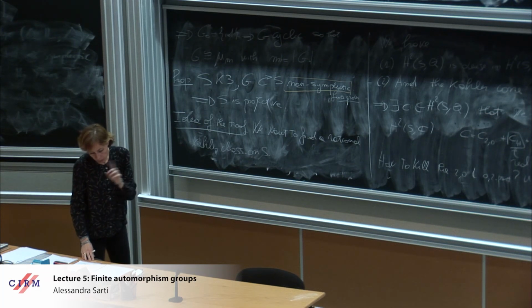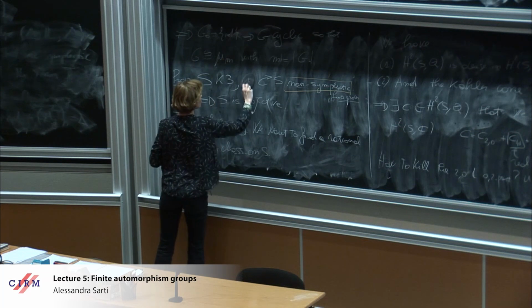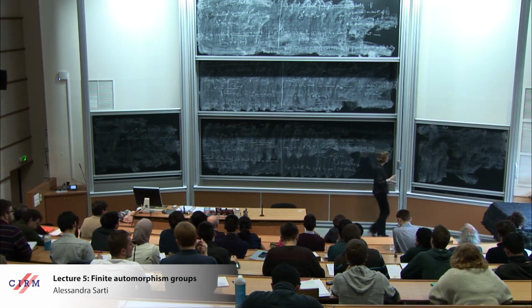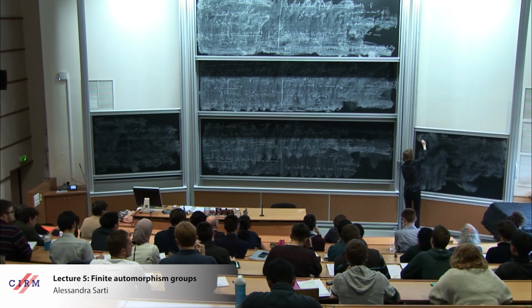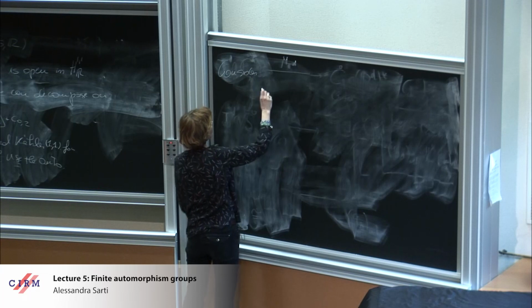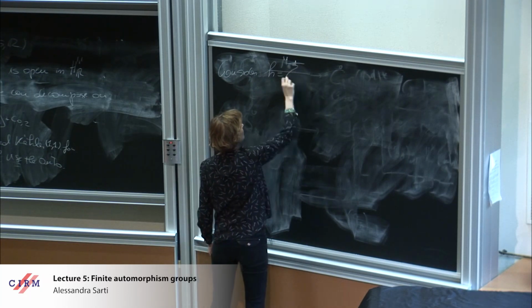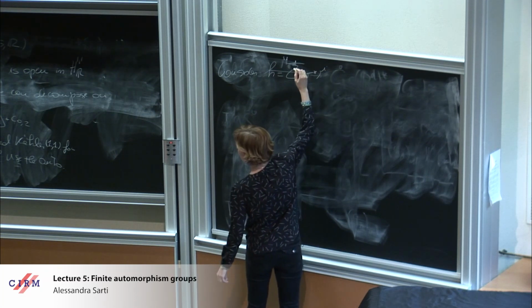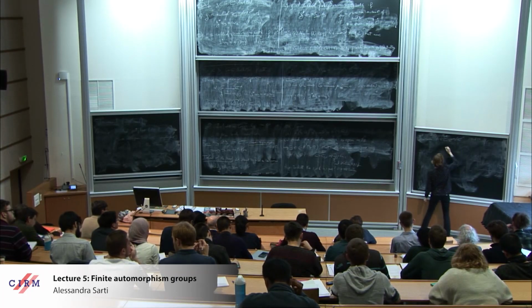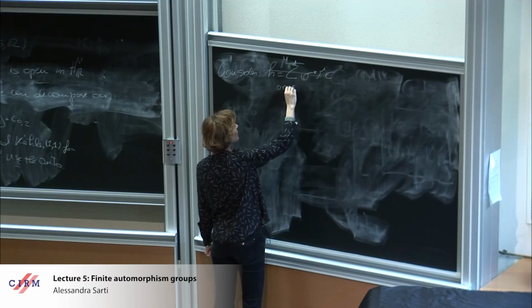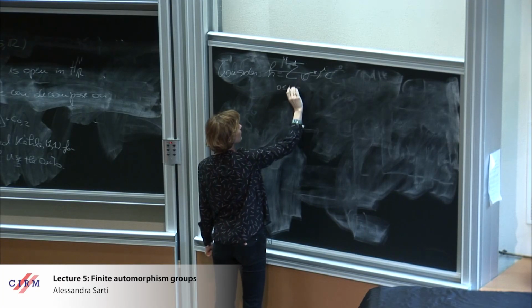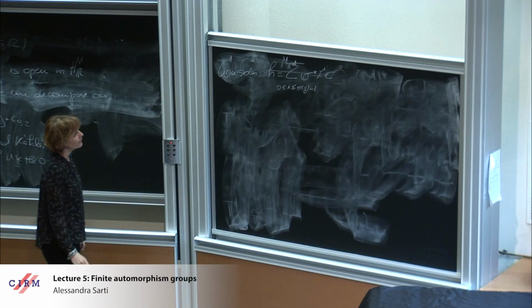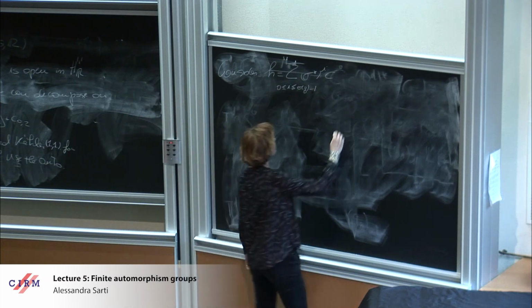So, okay, let's do it like this. How do we use the automorphism? We consider the following: H, which is the sum of sigma star i of C, for i from 0 to the order of G minus 1. Then H is sigma invariant.